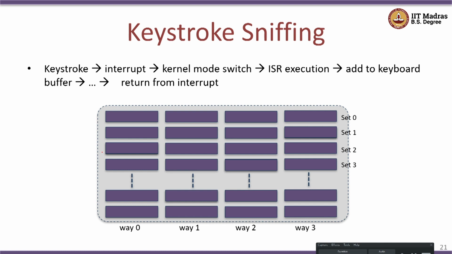Now, as the process P1, the victim process, is executing, and as the user is essentially typing through the keyboard, each keystroke would result in an interrupt. Each interrupt causes a switch to the kernel mode, as we've seen before, and causes the execution of an interrupt service routine, or the ISR.